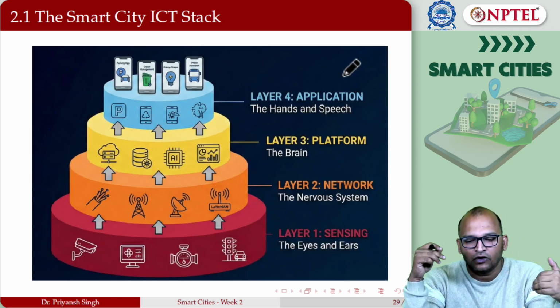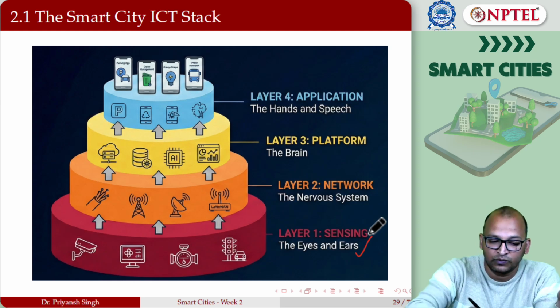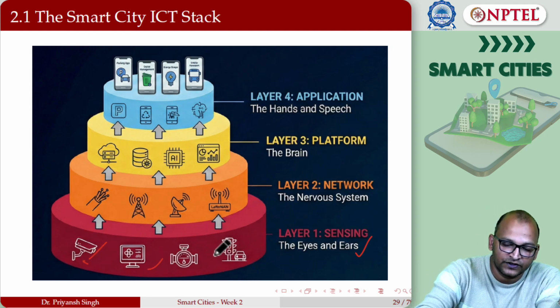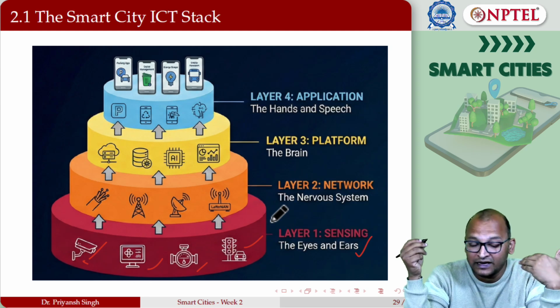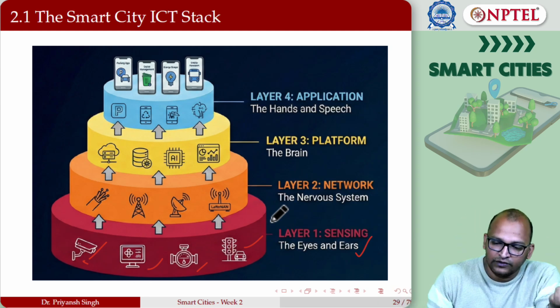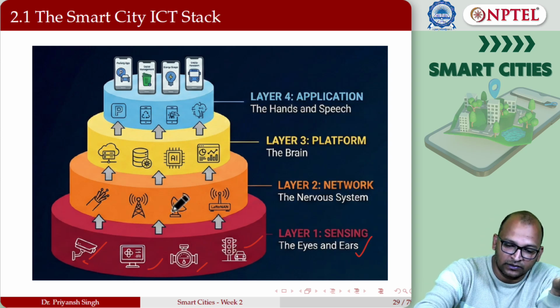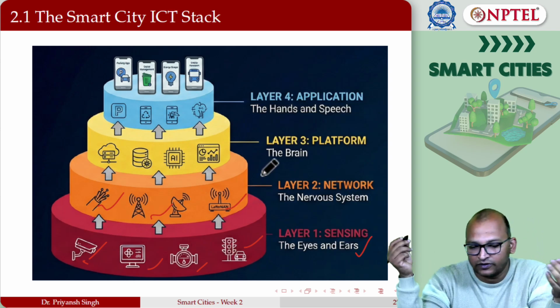You can understand these layers like this: the sensing layer is like eyes and ears. You may have some cameras, some sensors, maybe traffic lights in the traffic system. Then you have the network layer, which is like the nervous system, maybe some fibers, maybe Wi-Fi, or some other type of technology.